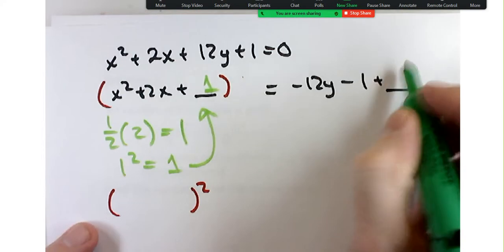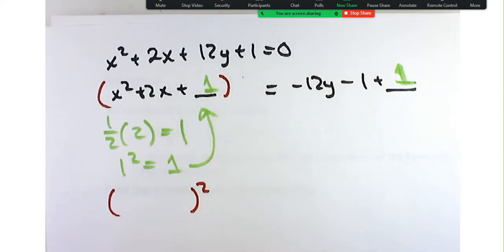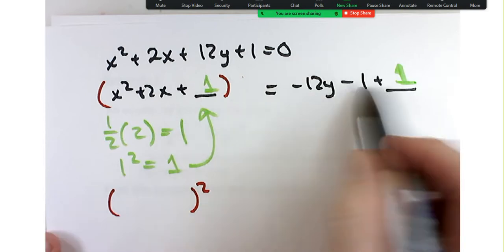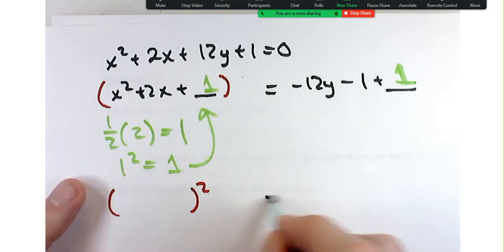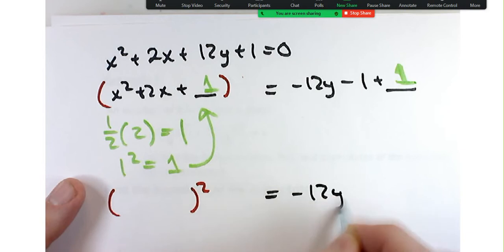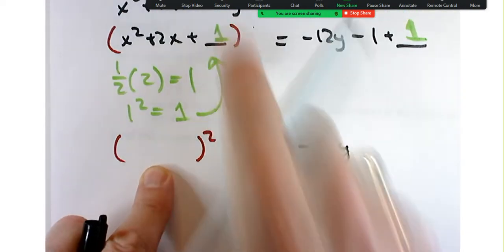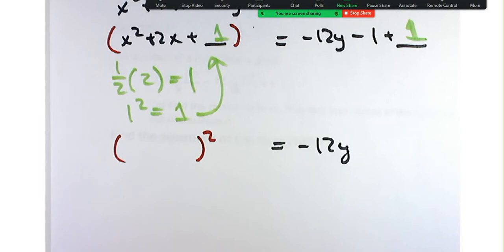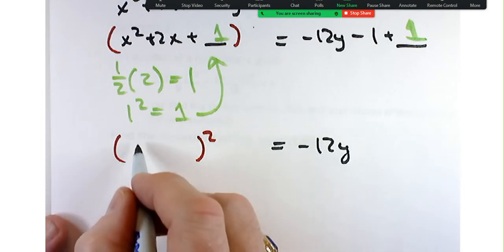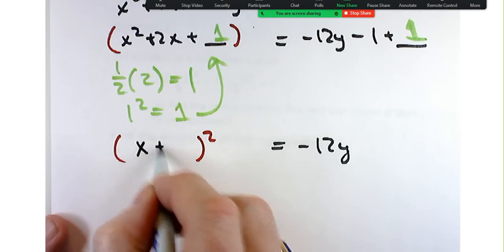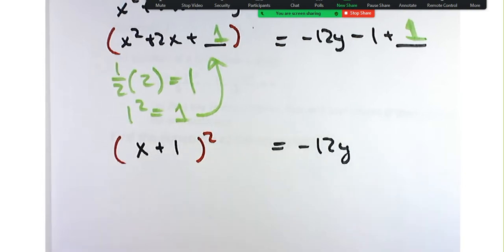So that's a 1. Beautiful there. Now, conveniently on the right-hand side, those cancel each other out. So I'm just left with negative 12y. What do I square to get that trinomial? x plus 1, right?